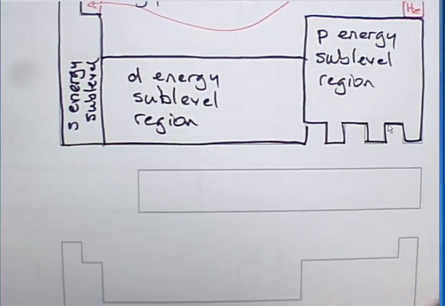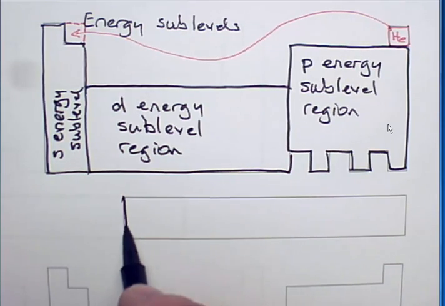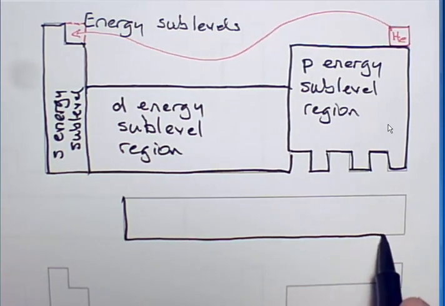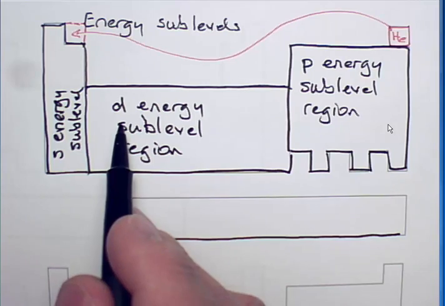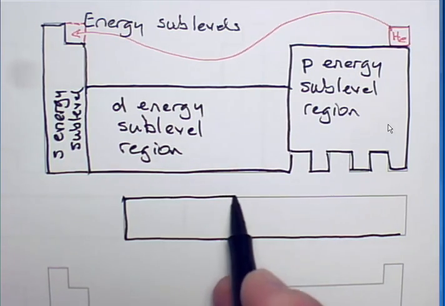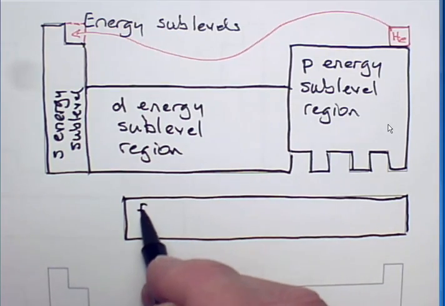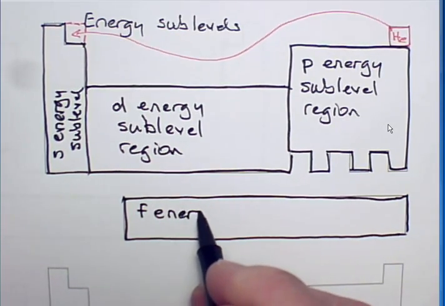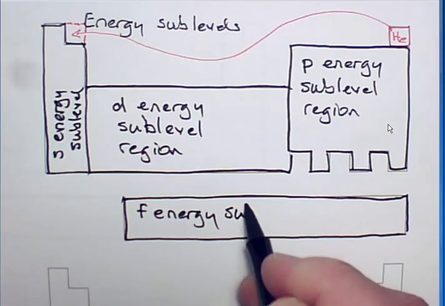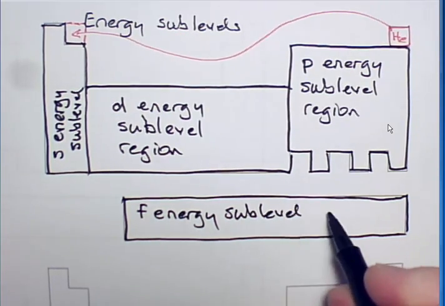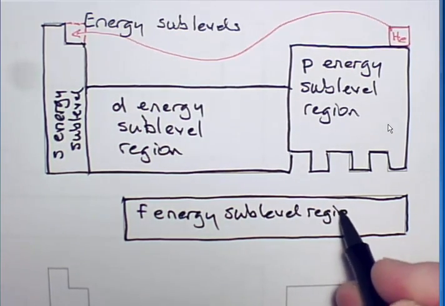And the last energy sublevel region is what nobody wants for a grade. Nobody really wants a D, but what do they really not want? An F sublevel. So this is the F energy sublevel region.